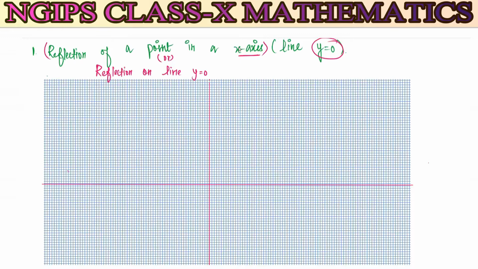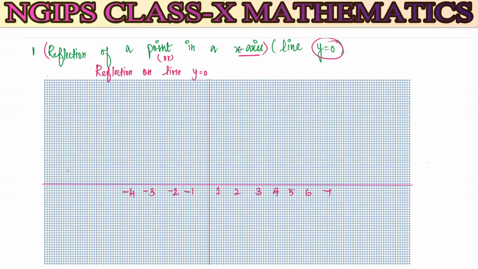So in this condition, a reflection on the x-axis, for example, I am going to write here the points 1, 2, 3, 4, 5, 6, 7, and here I can take -1, -2, -3, -4.